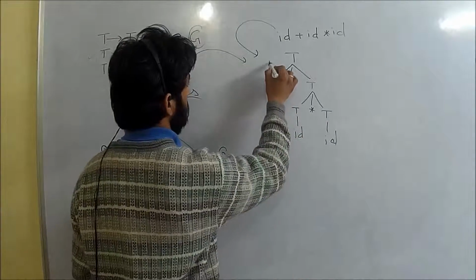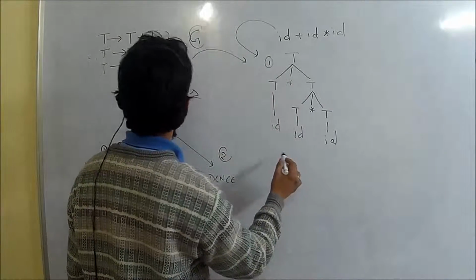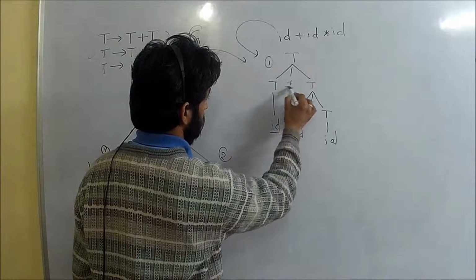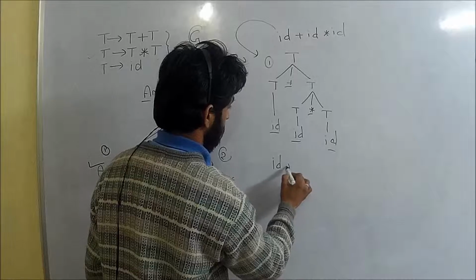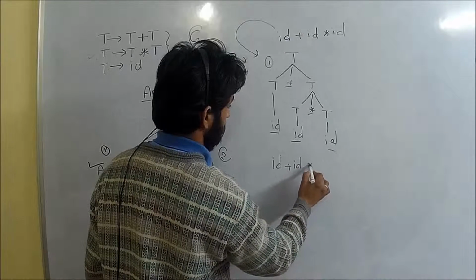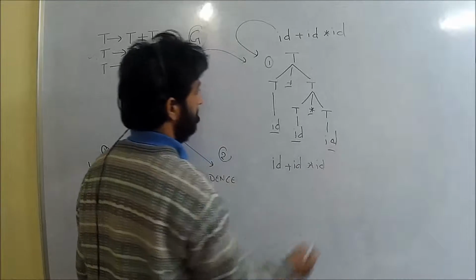So with this parse tree 1, I am getting the required string, which is id plus id star id.